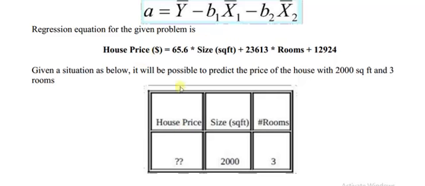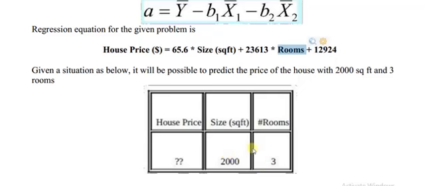We substitute the value of size in the regression equation, and the number of rooms is replaced with 3, and then we will know the price for this house.